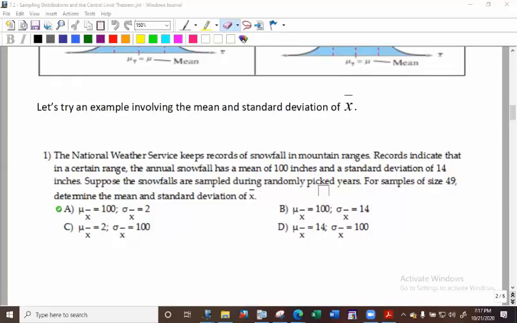For samples of size 49, determine the mean and standard deviation of X bar. As I mentioned before, when you're given a mean and standard deviation in any problem, you can assume that's X. In fact, it'll be the mean and standard deviation of X. Always. But the question wants the mean and standard deviation of X bar.